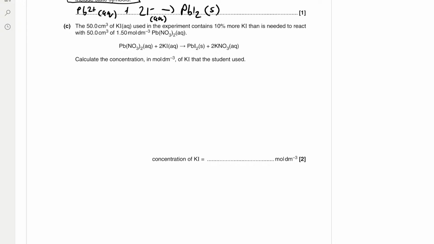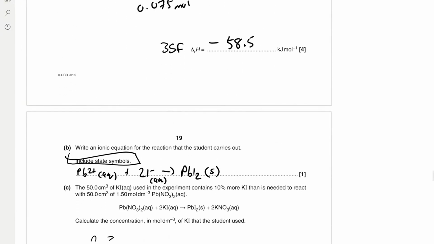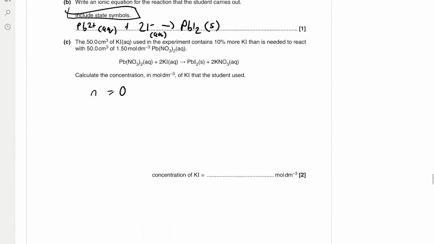we need to find... we know our moles of Pb(NO3)2 because that is 0.075 moles, and our equation shows a 1:2 ratio. So we multiply that by 2 to find the moles of KI that are needed to react.